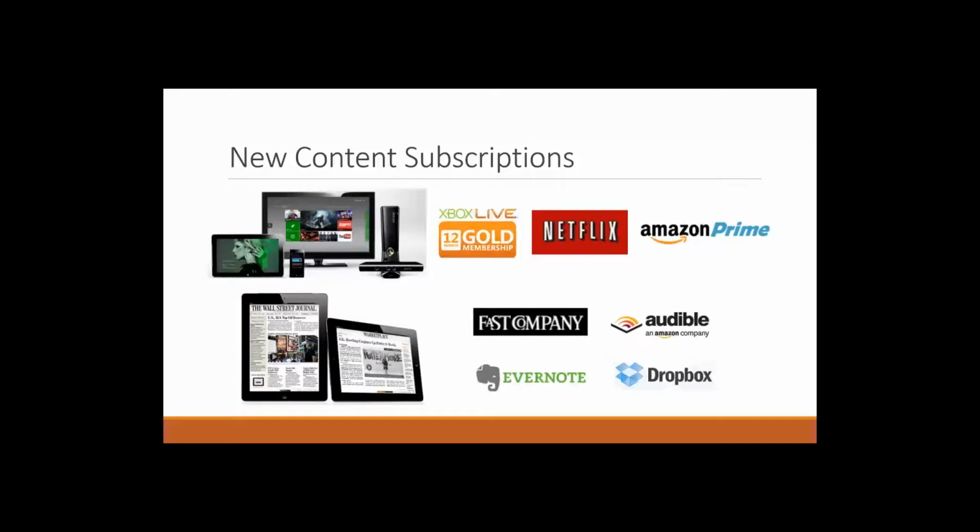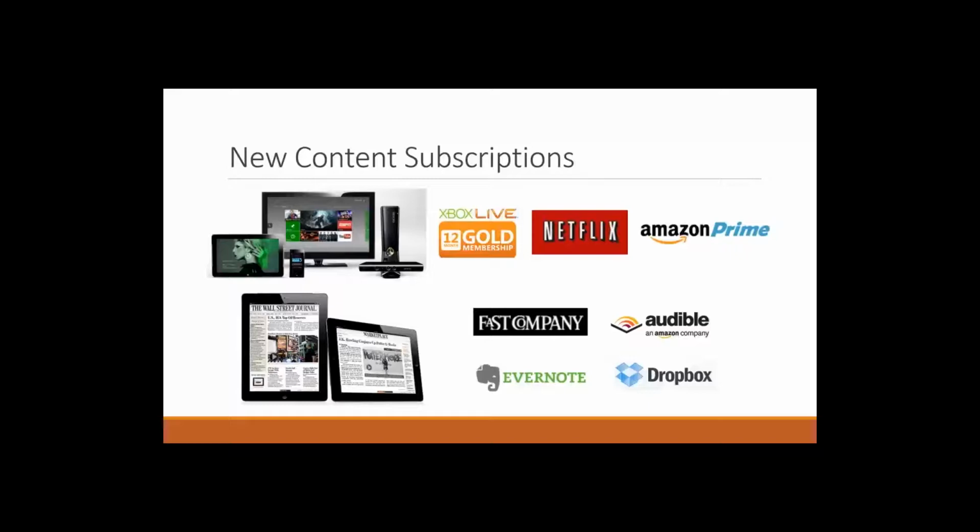So, things happen, businesses change, but still the price point is very, very convenient for us. And then mobile devices such as tablets make it very, very easy to get digital content. And these are just some of the ones that I use a lot.